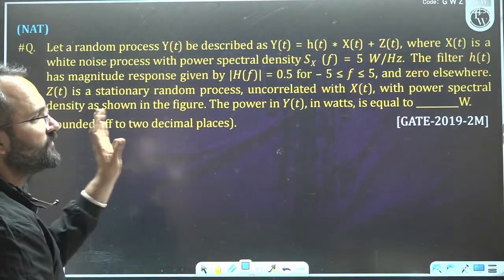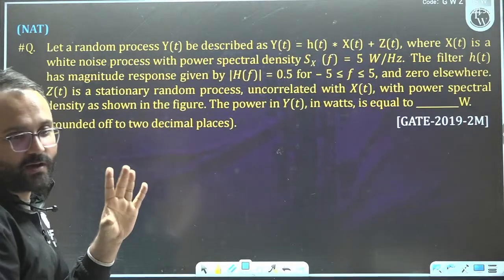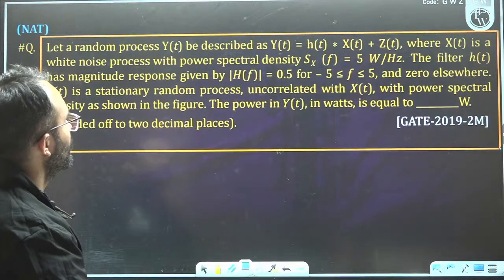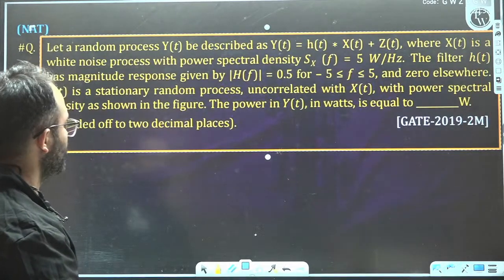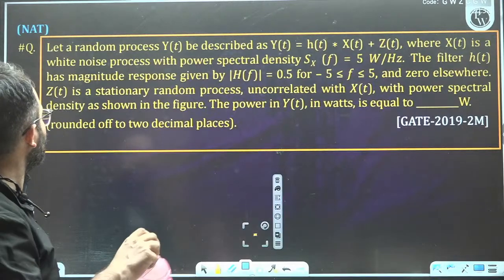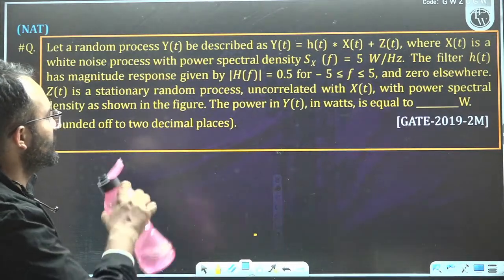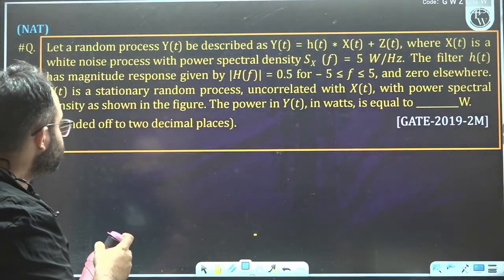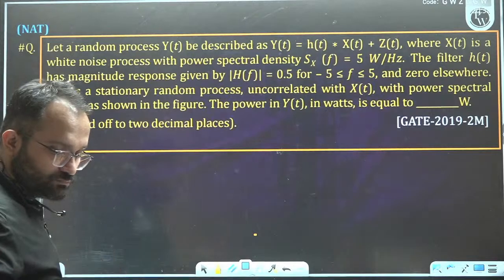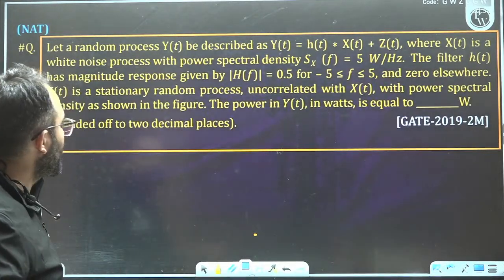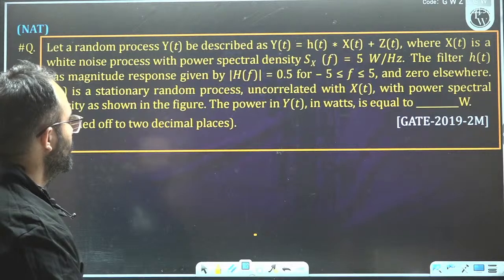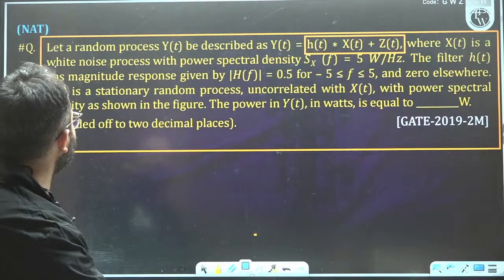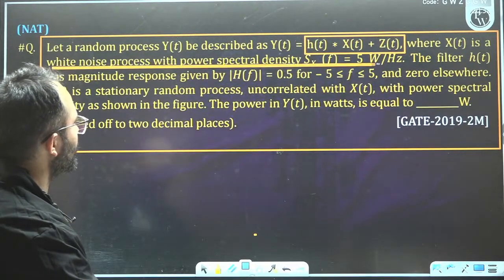So this is a very beautiful question of GATE 2019, a 2 marker problem. I think something is missing. The random process Y(t) is described as this: h(t) convolved with x(t) plus z(t), where x(t) is a white noise process with power spectral density of 5.